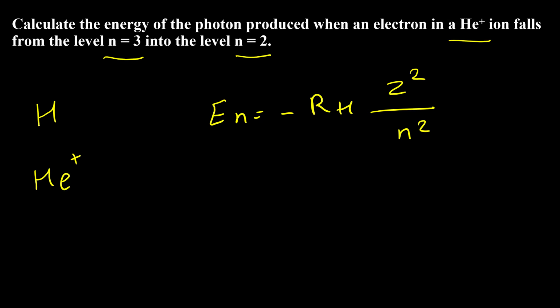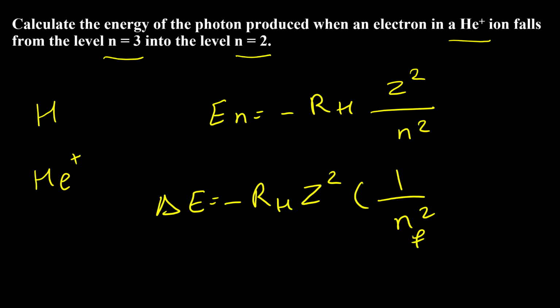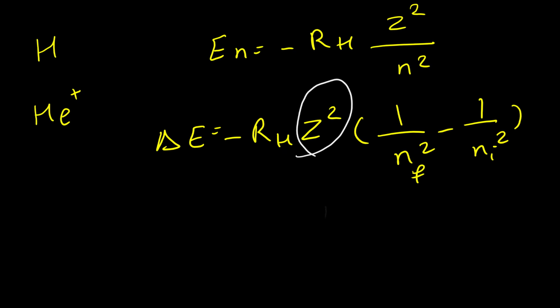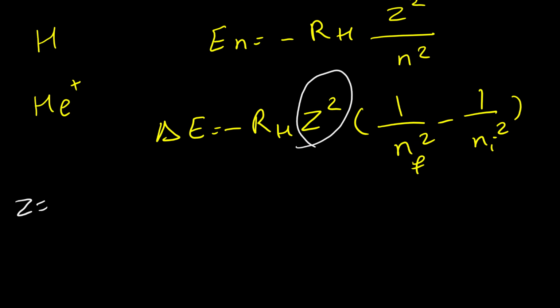And when we subtract these two equations, our Bohr atomic model will be in this form: negative R_H Z squared times 1 over final squared minus 1 over initial squared. In the hydrogen atom, Z squared is 1, so we don't write it. Here in helium, because Z is equal to 2, we need to use the Bohr atomic model equation in this form.